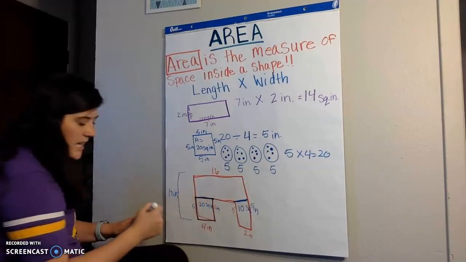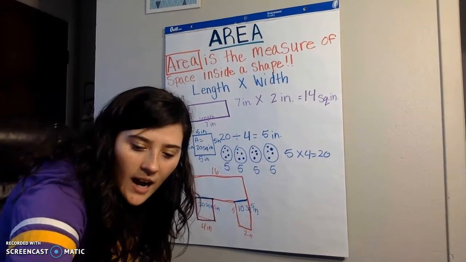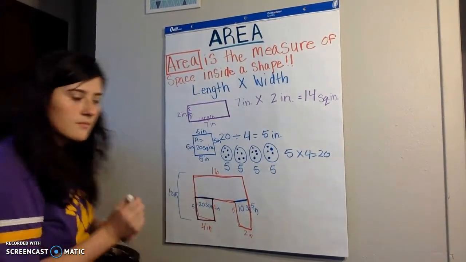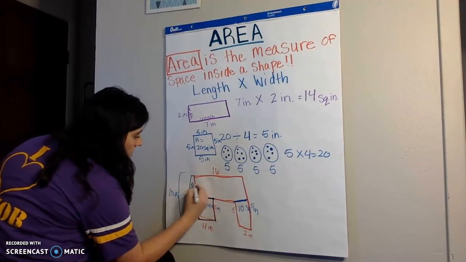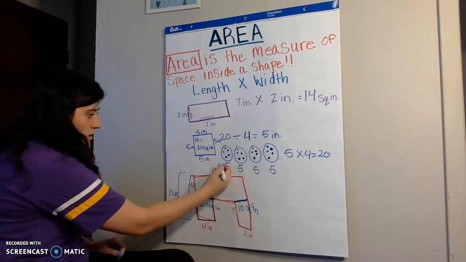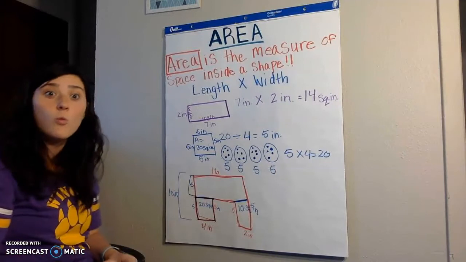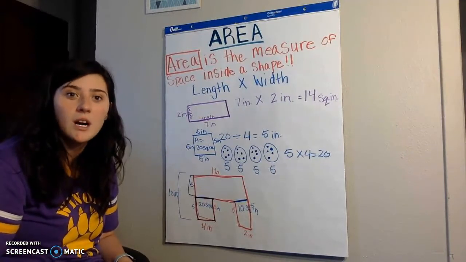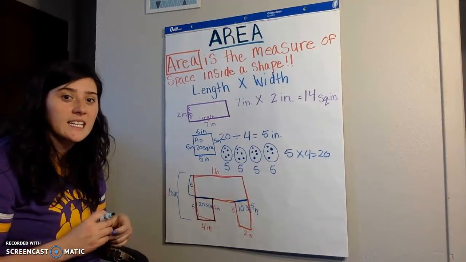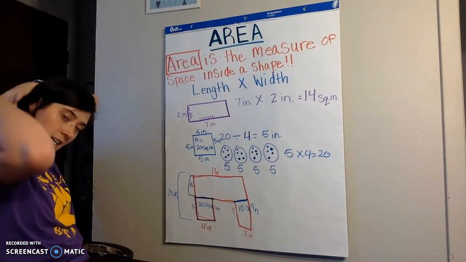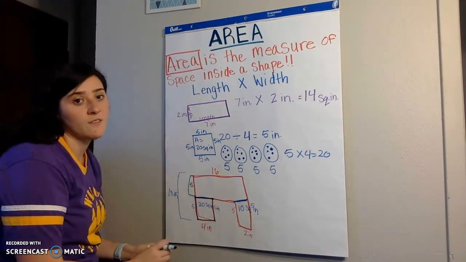So what is this other half? The other half, from here to here, is also 5 inches, okay? So 16 times 5. Whoa, that's a big number. But that's okay because we're going to break apart the 16 to make it easier for us to figure it out.